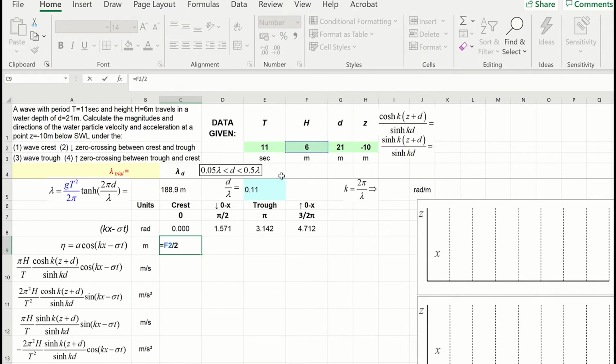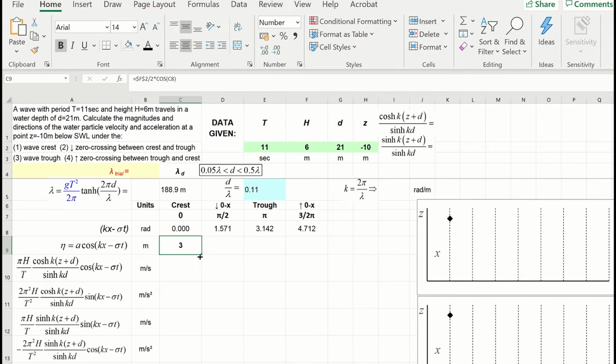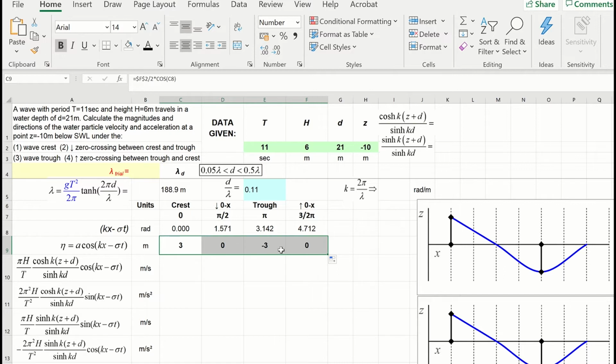I will be dragging the formula to the right, therefore I need to fix this cell where wave height is, which is F2, by pressing F4, and then multiply by cosine of this number. Therefore, when we have crest it is 3, and then we have 0, then minus 3, and 0 again. And this is my nice wave. So crest, 0 crossing, trough, and 0 crossing again.